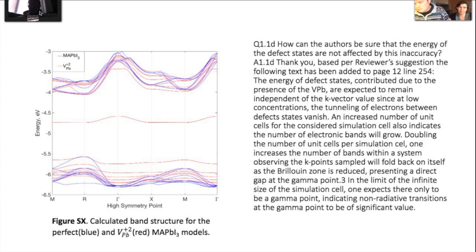One of the other interesting things from this plot is that because all of our non-radiative calculations are done at the gamma point of the system, you can see within this 3x3x3 supercell that the R point is the direct band gap, which is what it should be within the material.